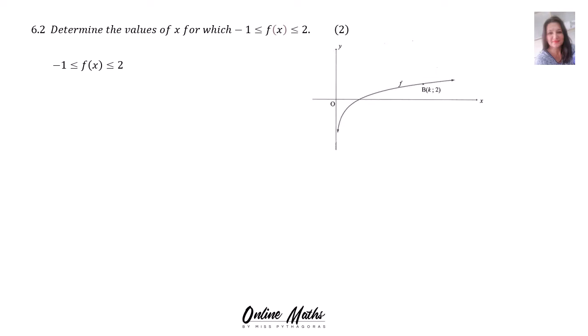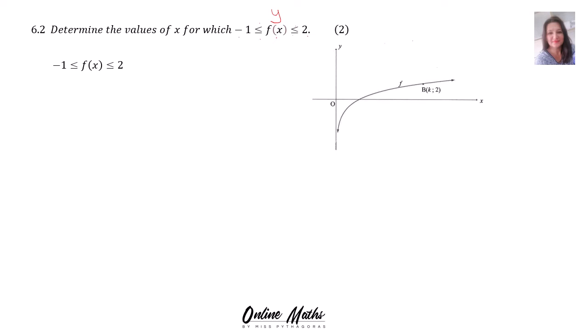6.2: Determine the values of x for which, and then they give you that. This one reads as f(x) in fact means y. So it reads, where is y smaller or equal to 2 and where is y greater or equal to -1.